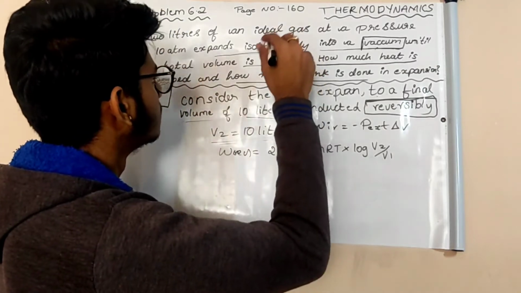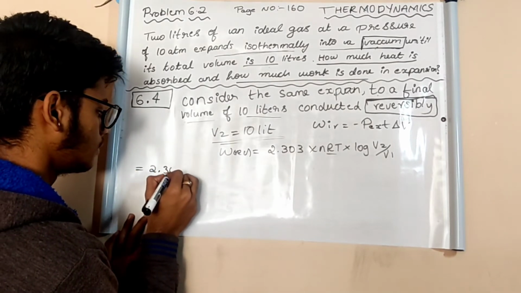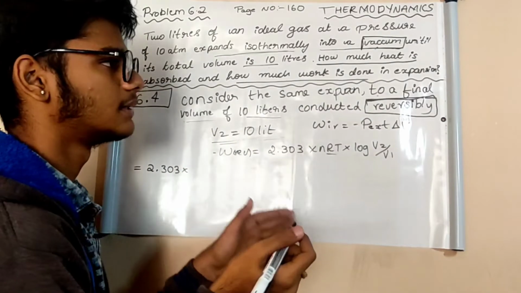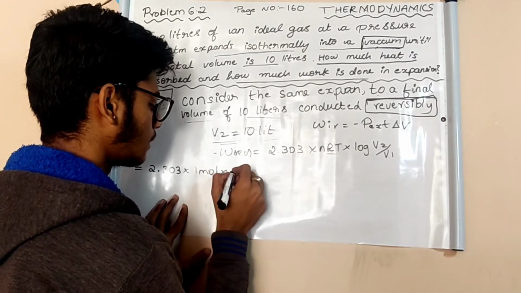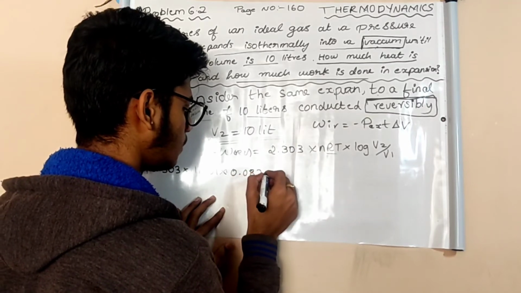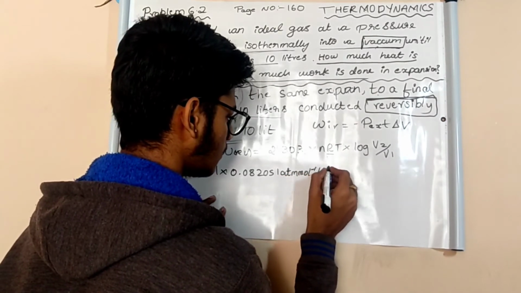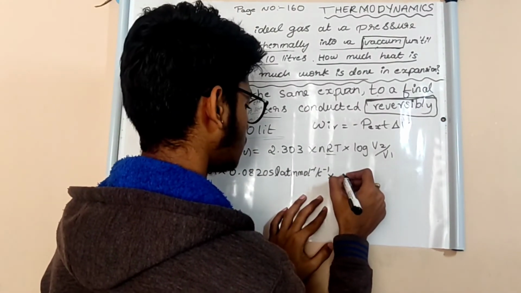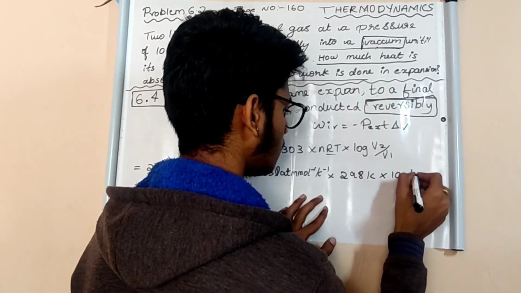Here V2 is given, so write this properly. 2.303, with the minus indicating it is work done by the system. n is 1 mole, into R. It is given in liter, so take it in liter, that is 0.08205 liter atm mole inverse Kelvin inverse, into temperature 298 Kelvin, into log 10 by 2.